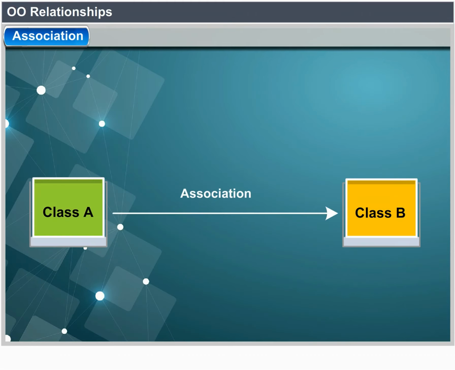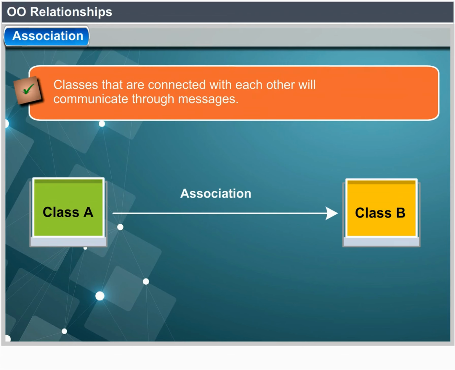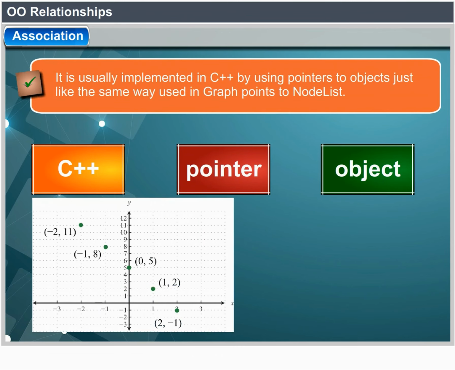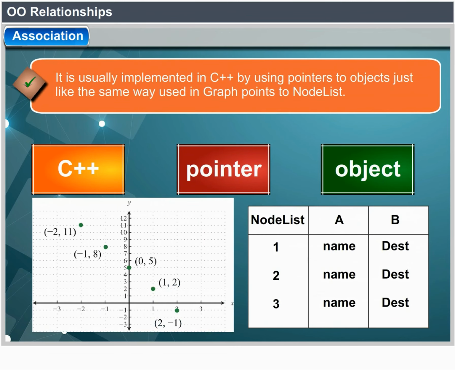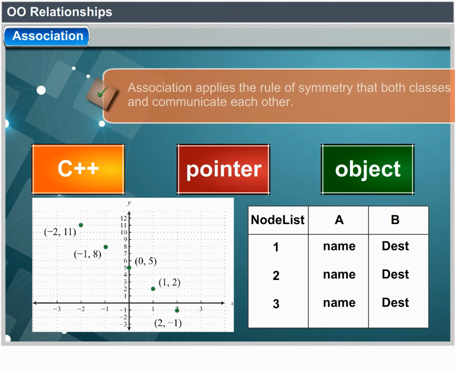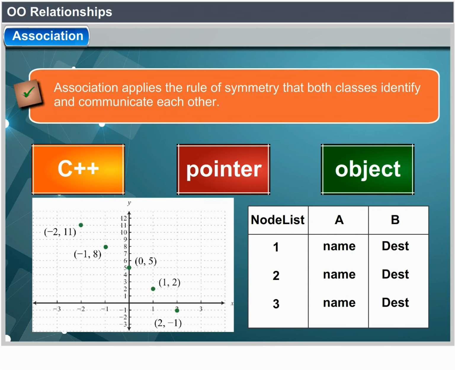Association. Classes that cooperate with each other or are associated with each other through the model of our problem need each other's names to message back and forth. This is usually implemented in C++ by putting pointers to objects in class definitions, just like graph had a pointer to nodal list. Association implies symmetry. Both classes know each other and can message each other.